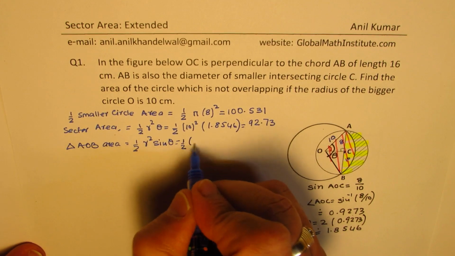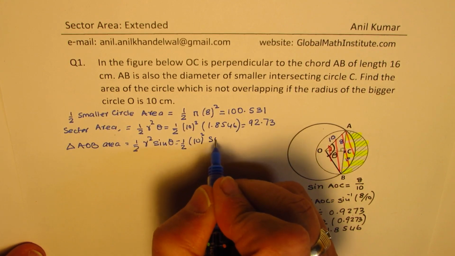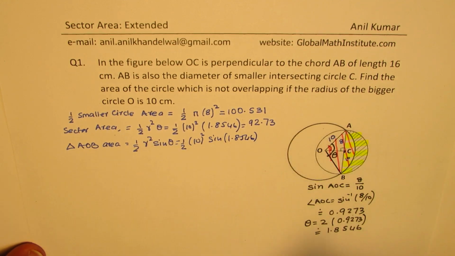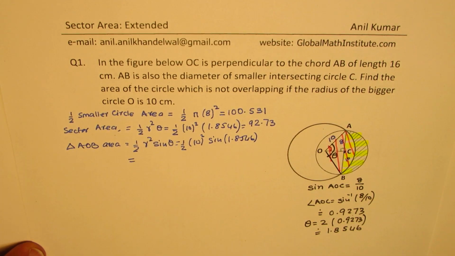So which is half of 10 square, sine of the angle 1.8546. Okay, we'll write down here.